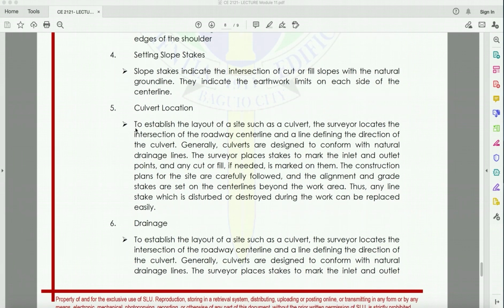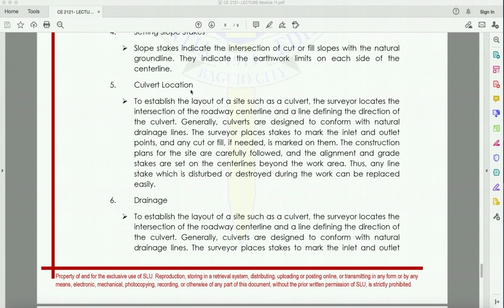Next would be setting slope stakes. Slope stakes indicate the intersection of cut or fills. So, saan magmi-meet yung pagbungkal mo and yung fill or pagtabon mo ng lupa, okay? With the natural ground line. They indicate the earthwork limits on each side of the center line.